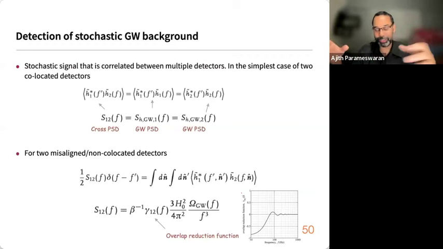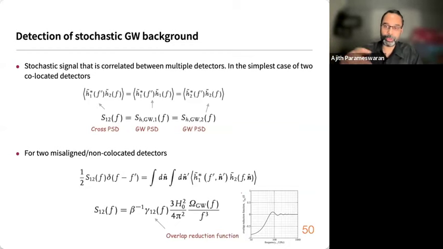So one has to compute a quantity called the overlap reduction function between two detectors to see if it's appropriate to do stochastic searches between them. So far, it has only been done between the two LIGO detectors, because that is the best one could do. Here also, I have not mentioned any detail.